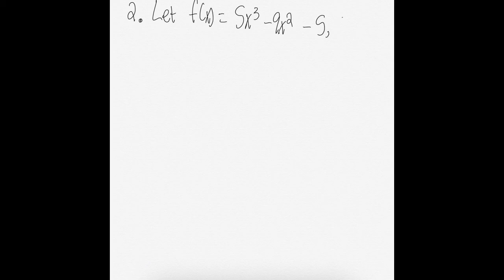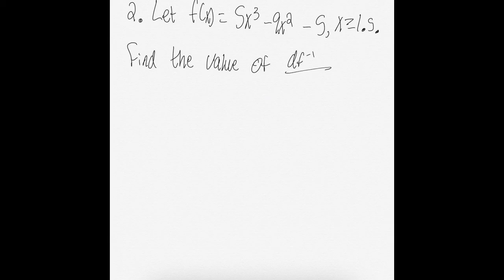So let f of x equal 5x cubed minus 9x squared minus 5. And we're told x is greater than or equal to 1.5. That's not going to be super important for us. However, it is important that it says that from a technical standpoint. But it's not going to be super relevant for us.